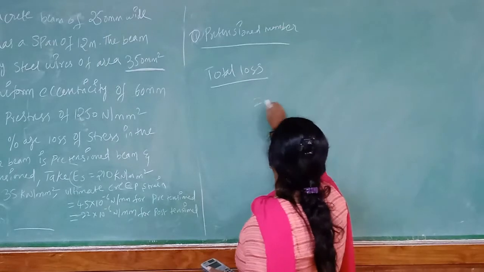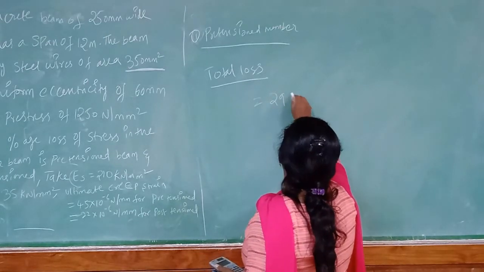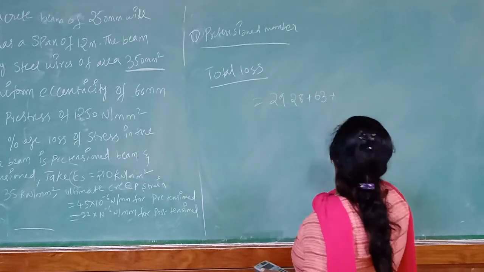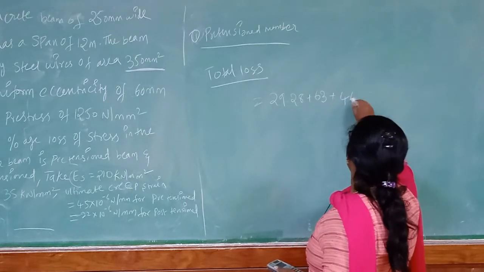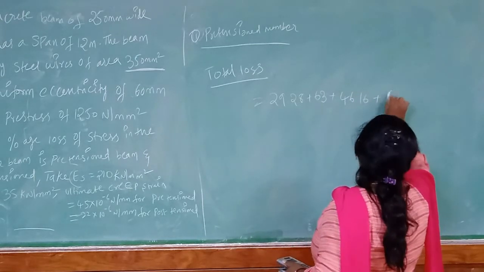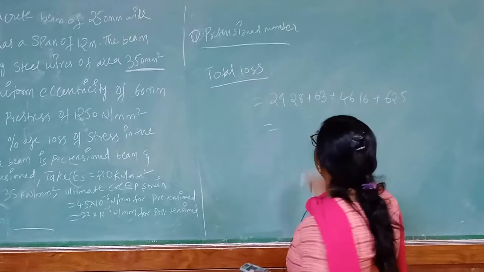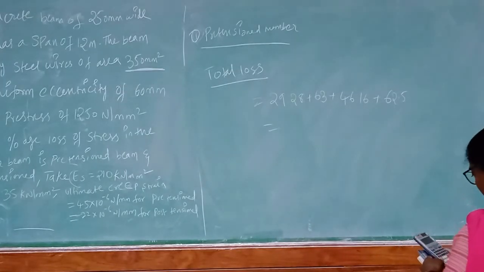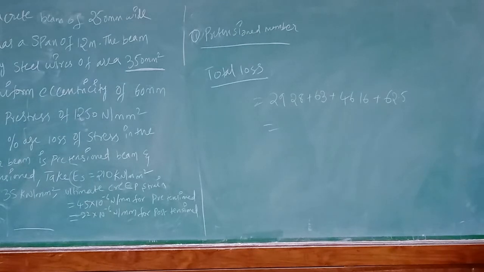We got elastic shortening 29.28 plus 63 plus 46.16 plus 62.5, which will give you 200.94.